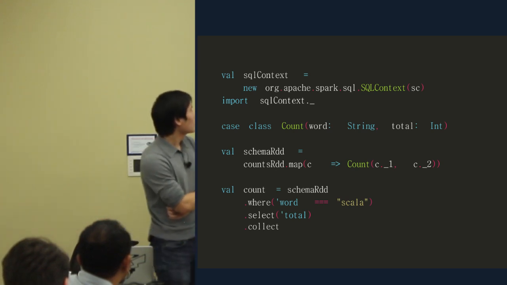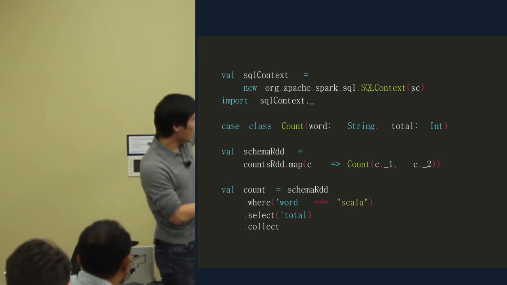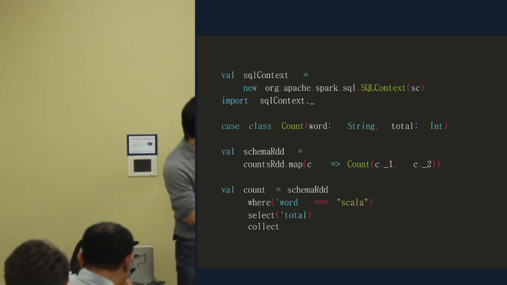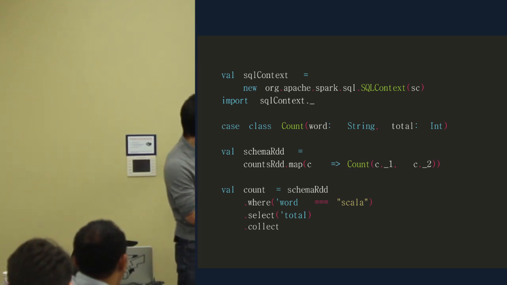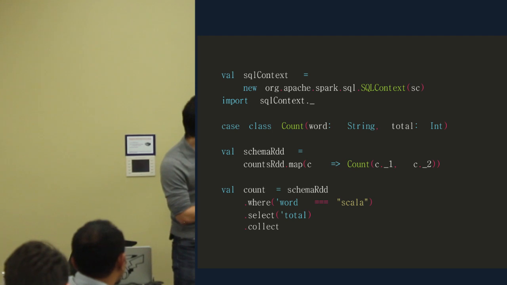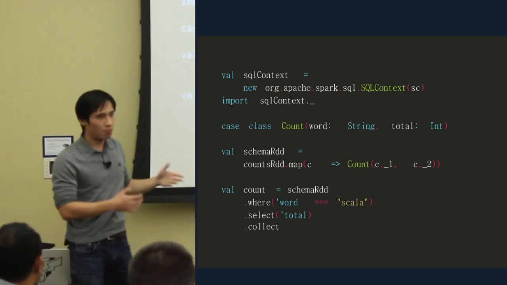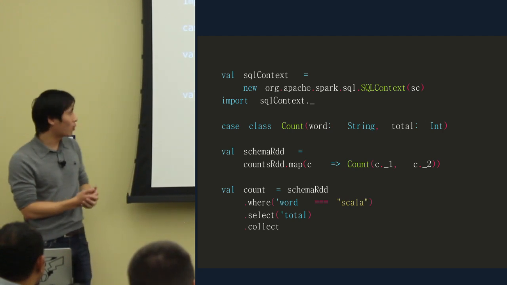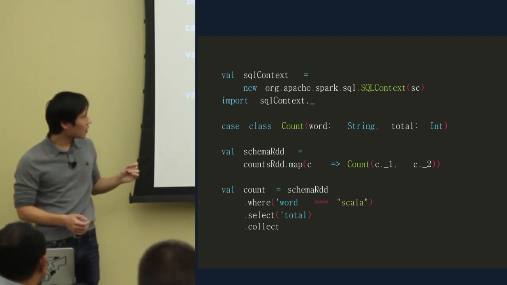And then what we do here is, now that we've imported this SQL context, we just added a ton of new functionality to RDDs, specifically SQL DSLs, such as where, select, and so on. So now you can perform SQL operations in a DSL manner on RDDs.